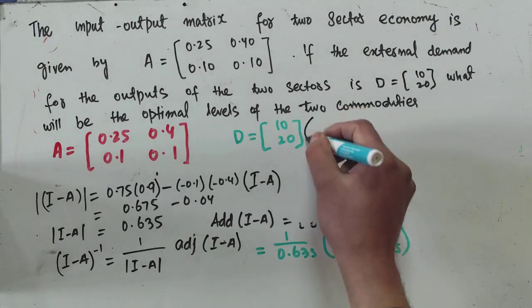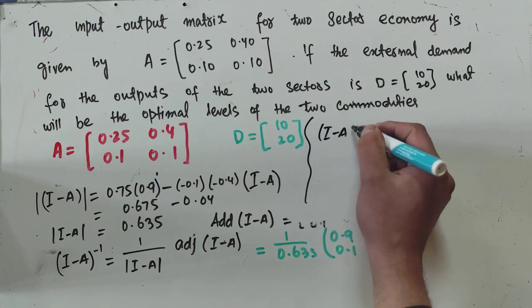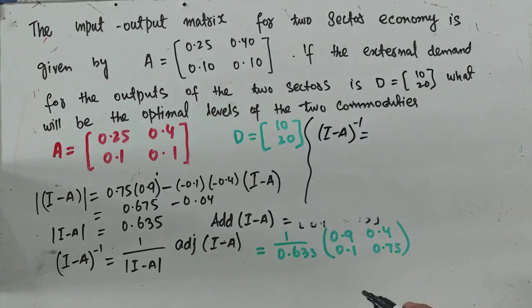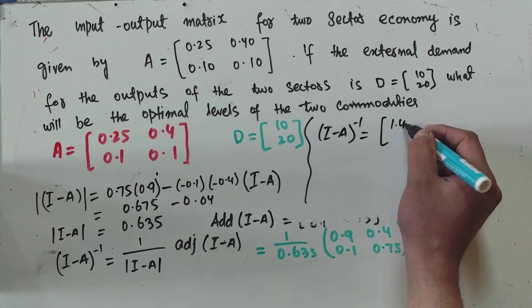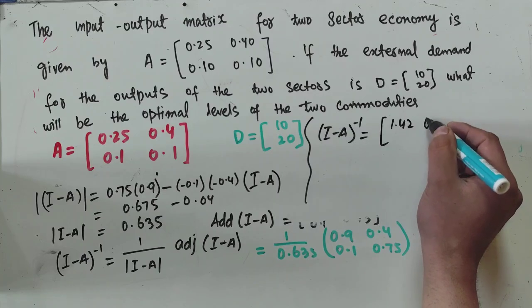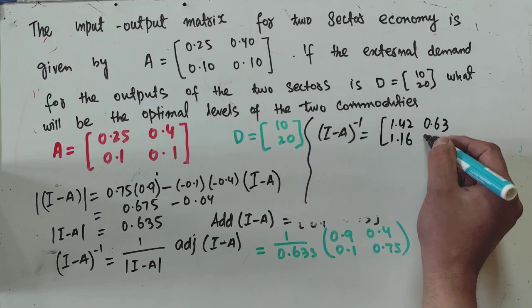So our I minus A inverse will be equal to, dividing 0.9, 0.4, 0.1, 0.75 individually by 0.635, we get 1.42, 0.63, 1.16 and 1.18.